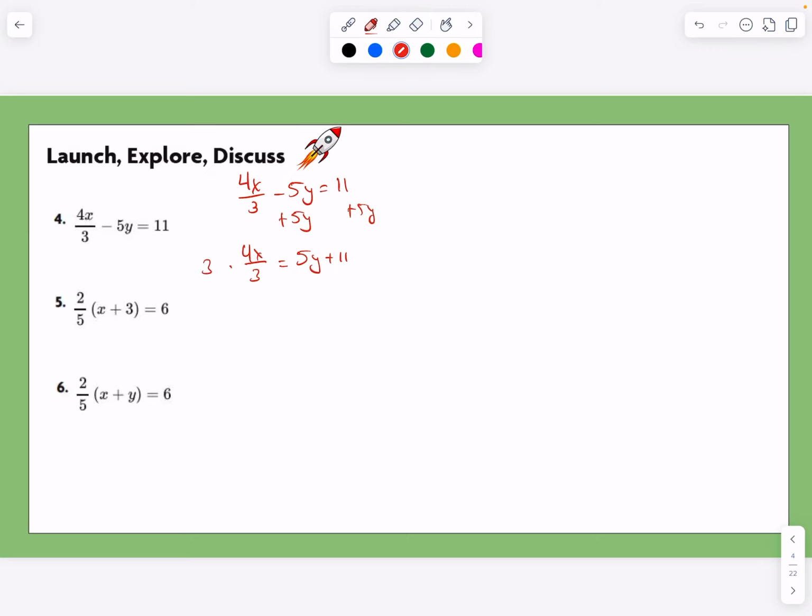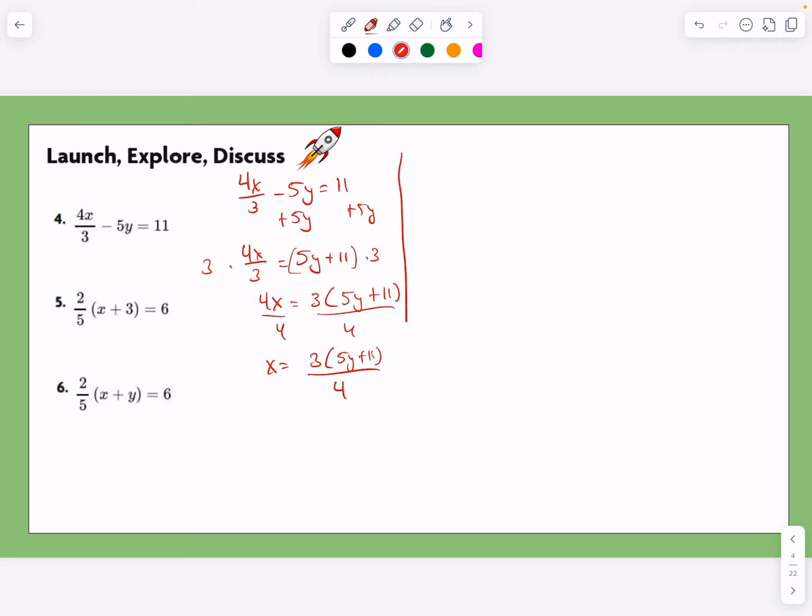Now I'm going to multiply both sides, the whole thing, by 3 to end up with 4x equals 3 times (5y plus 11). And then I can divide everything by 4 so that x equals 3 times (5y plus 11) divided by 4. And that's what I'm going to leave it as for now.